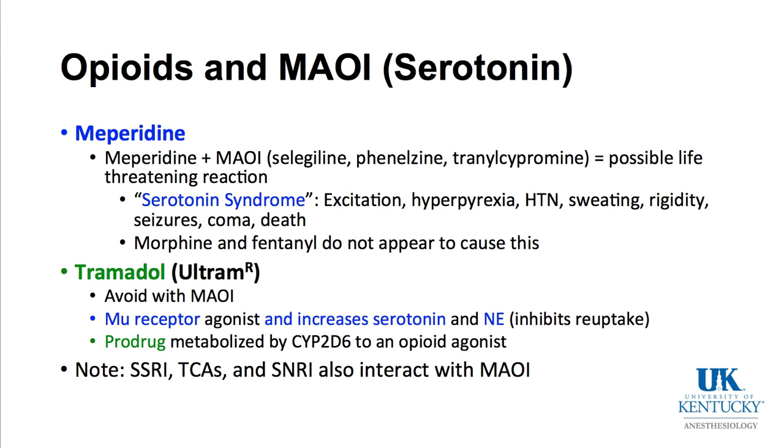Tramadol is a mu receptor agonist, but it also increases serotonin and inhibits reuptake of norepinephrine. It actually is a prodrug and requires metabolism by the CYP system, the cytochrome oxidase system, and it's metabolized from its prodrug state to an active agonist state. Note that SSRIs, tricyclic antidepressants, and SNRIs also interact with MAO inhibitors.